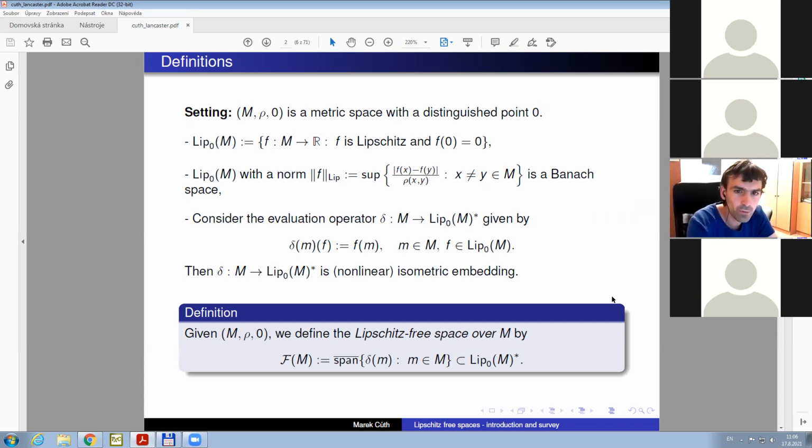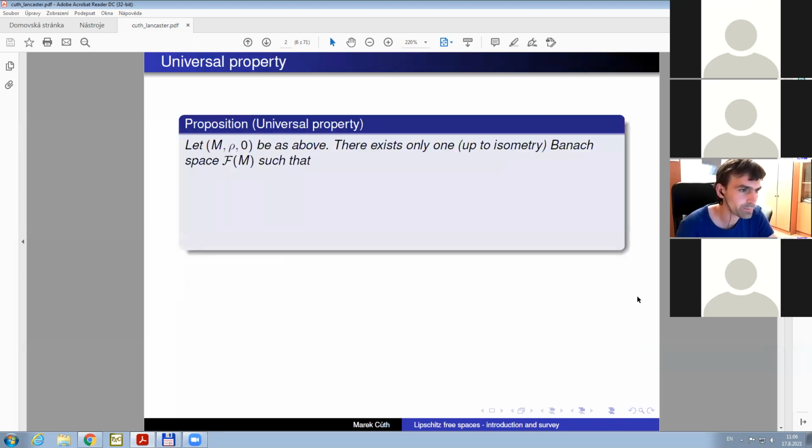From the point of view of Banach space theory, or at least nonlinear geometry of Banach spaces, the crucial property of those Lipschitz-free spaces, and actually the reason why they are called Lipschitz-free, is the following universal property.